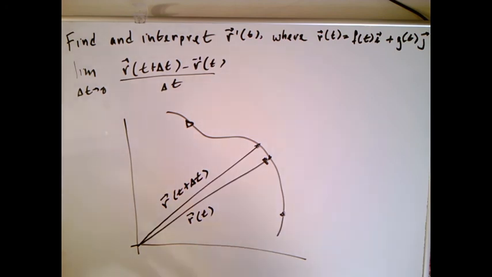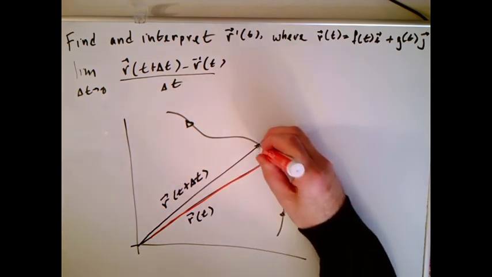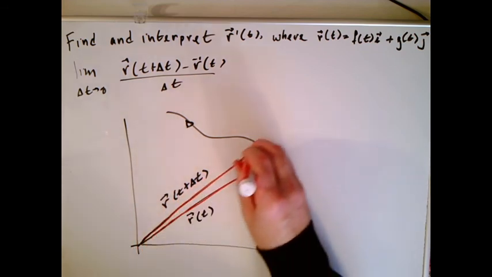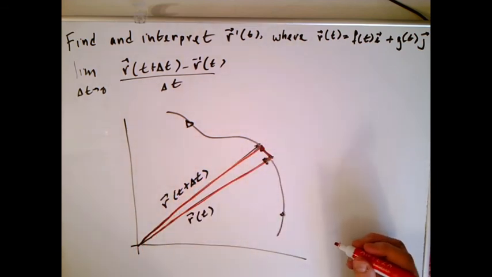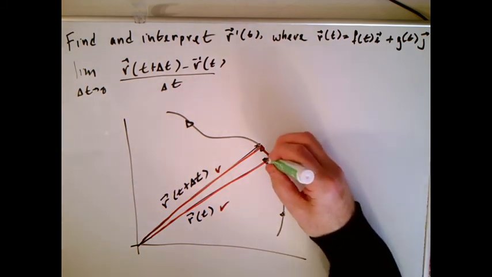It tells us that this vector plus this vector, that little one along the graph, is equal to the new one. That tells us if we take the big one and subtract the little one, what we're going to get is this little tiny vector along the graph.